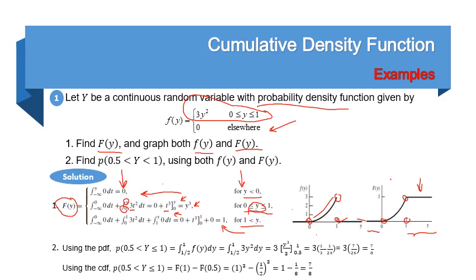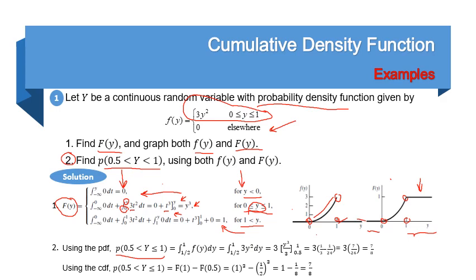Now, let's calculate the probability in the second requirement. He asks us to calculate the probability that y is between half and 1. We can get it using two techniques, as he asks. Here, ignore whether there is an equal sign or not, because equal does not make any difference in the continuous case.